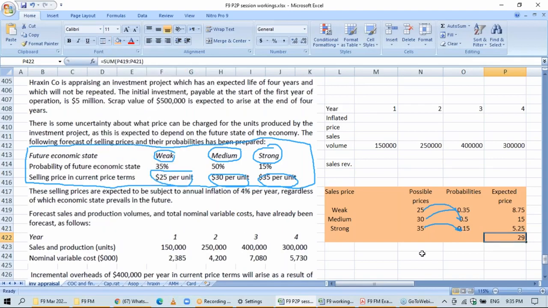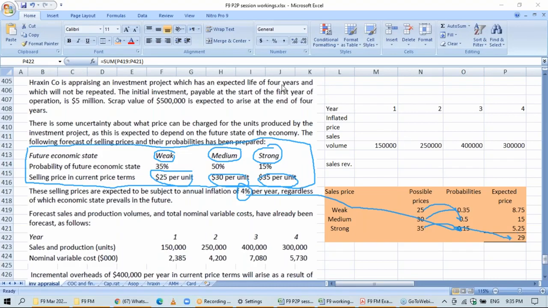Now this expected price of 29 is in present day prices, and they are expecting inflation as well in this question. They are expecting an inflation of 4% on this price.